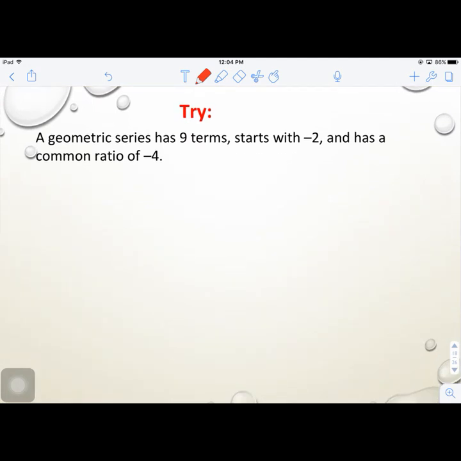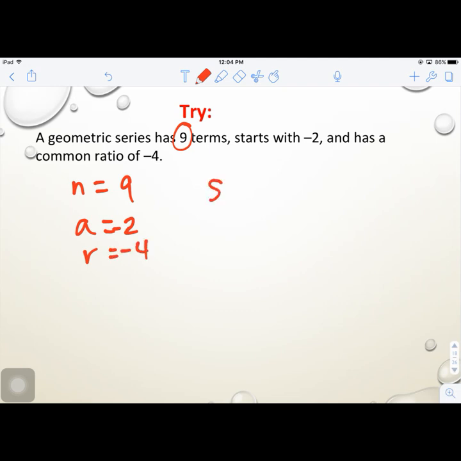The try it is going to be for you to try, so make sure you pause before you continue. And this is going to be n equals 9 because we're given 9 terms. We're starting with a equal to -2, and the common ratio is actually given as well.